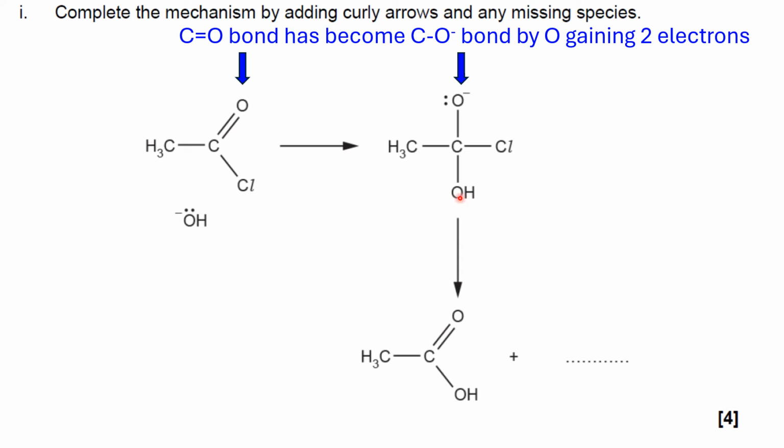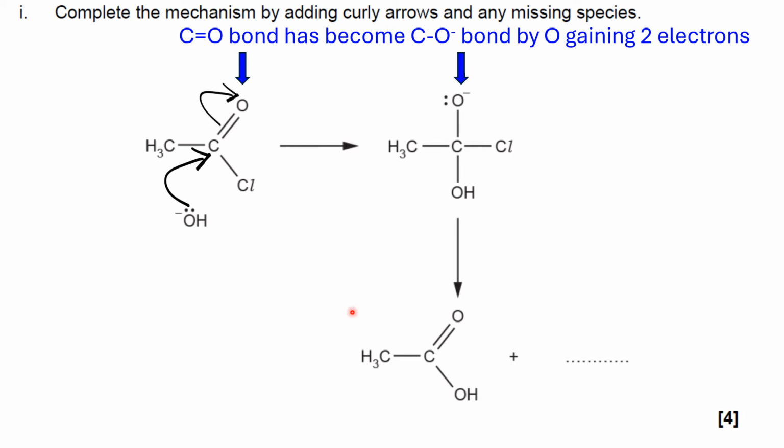You've also got a carbon single bond oxygen that's been formed here that wasn't in place over here. So remember, this carbon double bond oxygen is polar. Although they haven't asked for them, you could imagine that there's a delta plus here and a delta negative here. So the delta positive carbon will tend to attract anything that's negatively charged, like a nucleophile, like our OH minus we've got there.